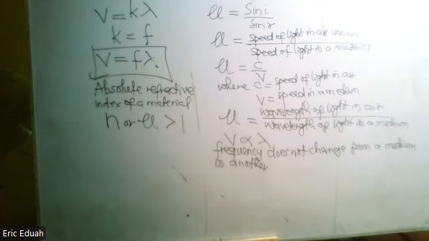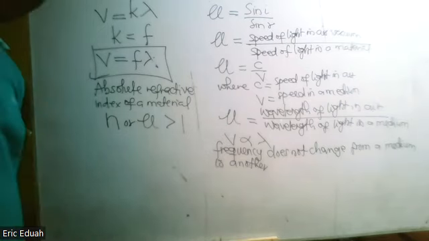Sir, it could be that since the speed of light in a vacuum is very fast, the value for the speed of light in air will always be greater than the value for the speed of light in the medium, which will make the refractive index greater than 1. Okay.